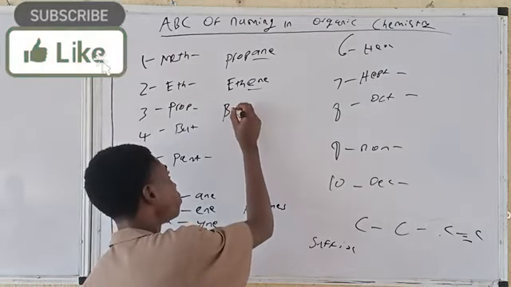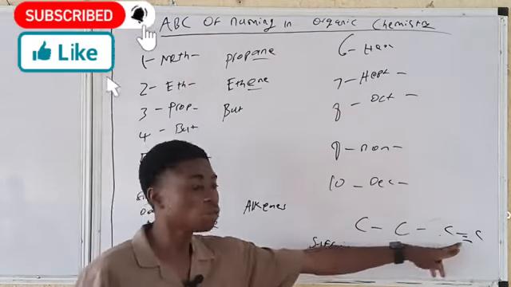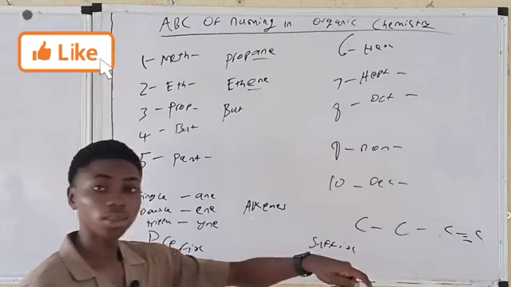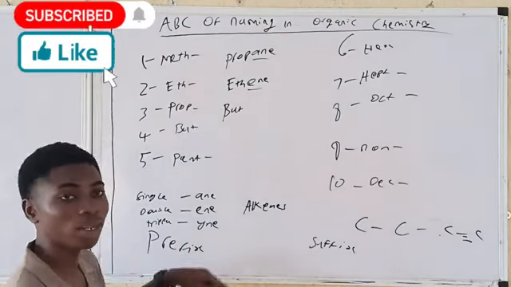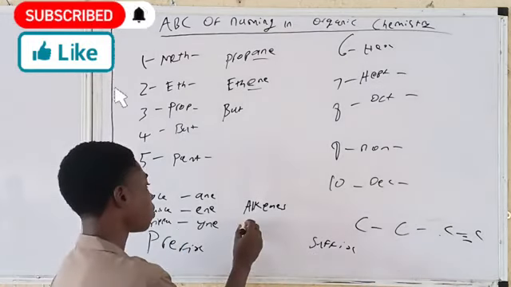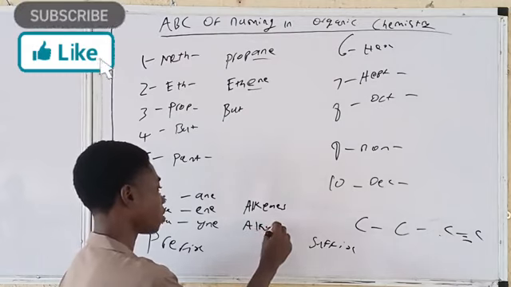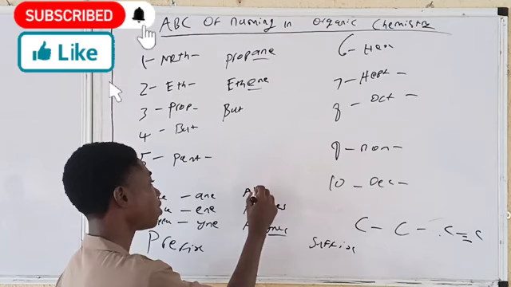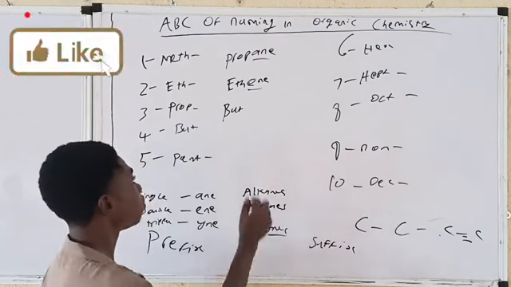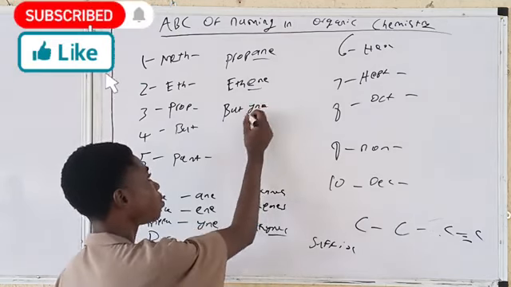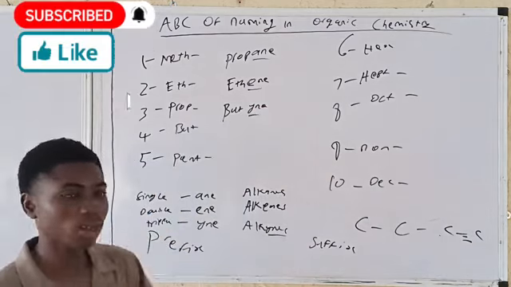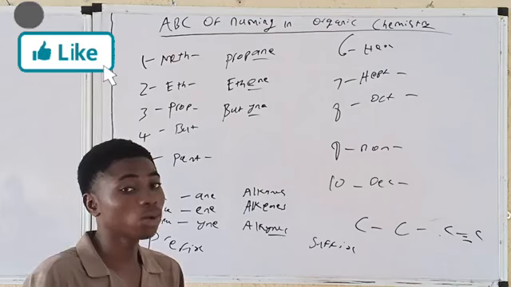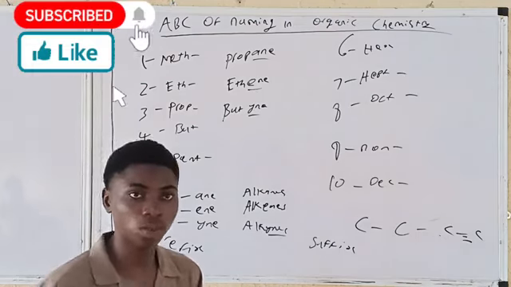You come here and write but. Then does it contain triple bond? Yes. And triple bond is what? Yne. They are called alkynes. That is the general name. So this will be butyne.